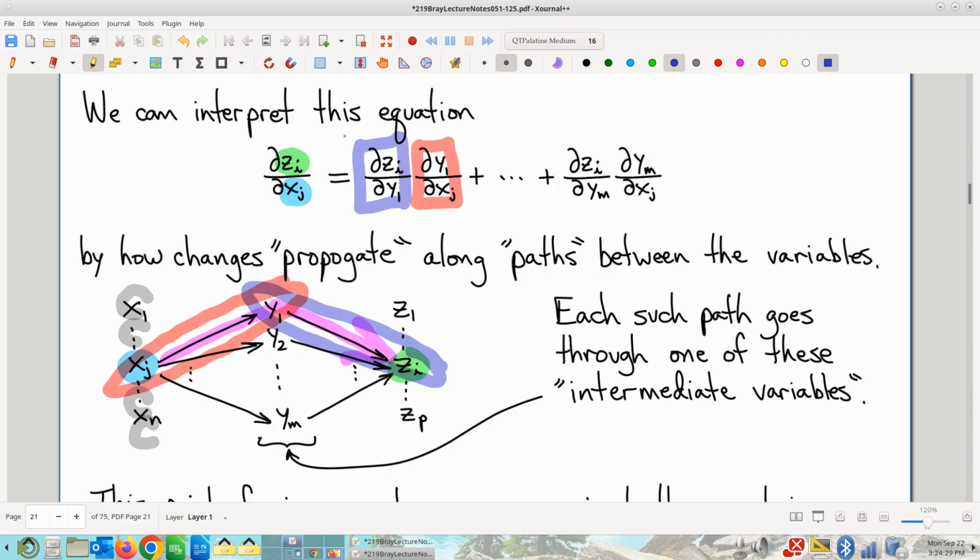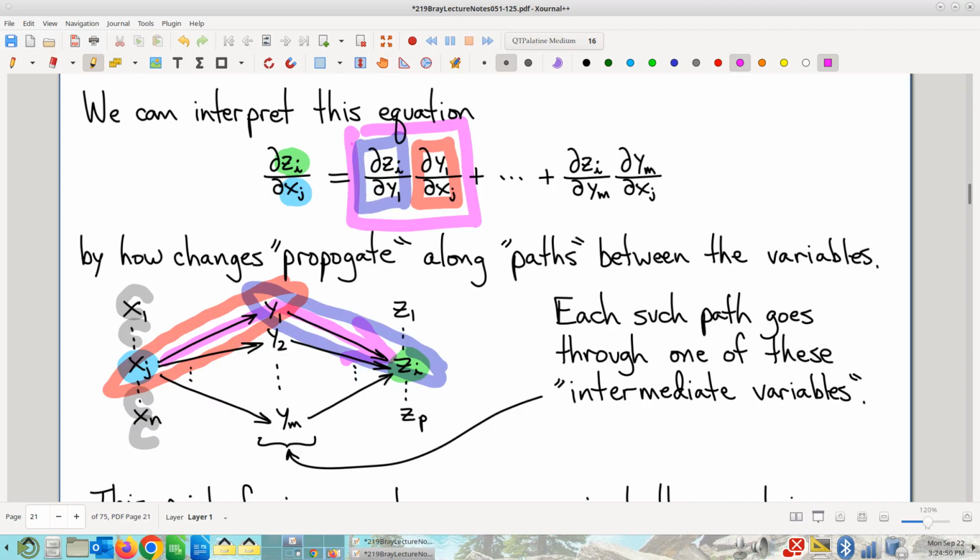And then, however much that's magnified, it's going to be further magnified by this dark blue partial. So altogether then, each path gives you a term in your chain rule.